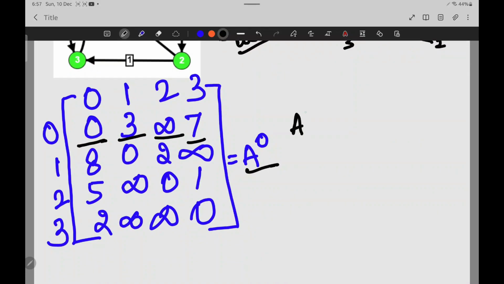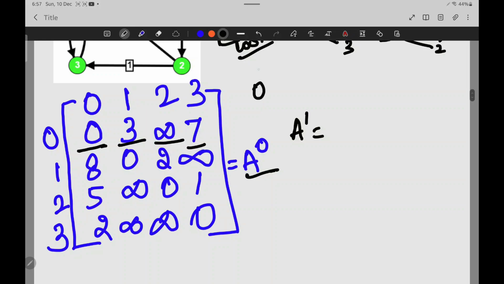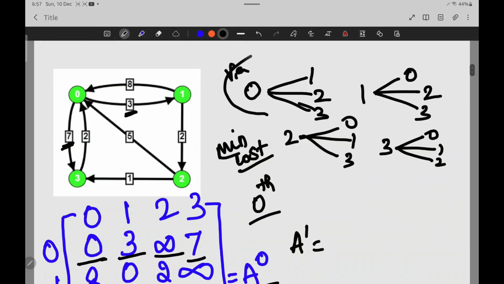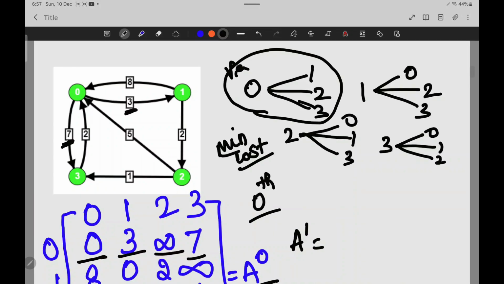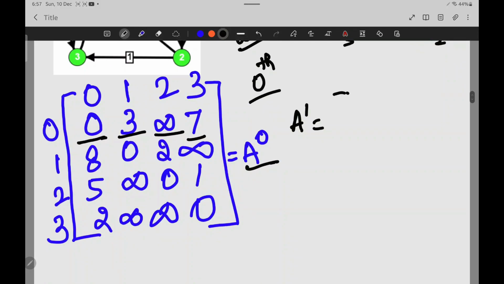Now we are going to form the A1 matrix, which helps us travel through 0. We shall start from the initial vertex 0. So via 0 we need to travel from 1 to 3, and we need to identify the cost matrix.